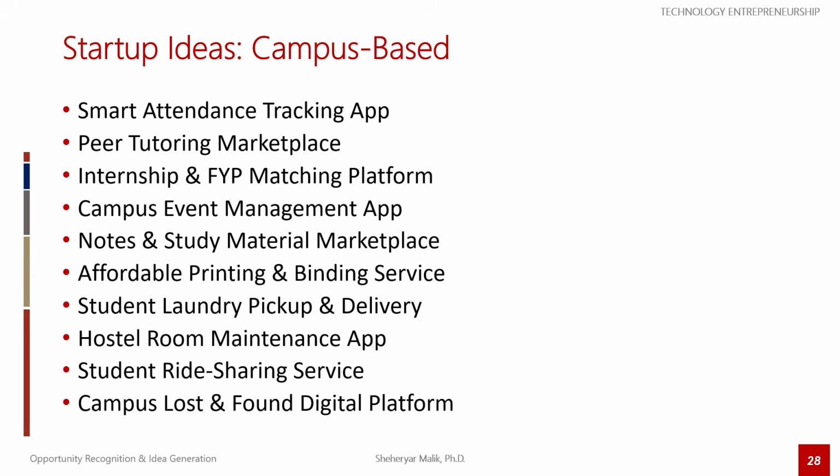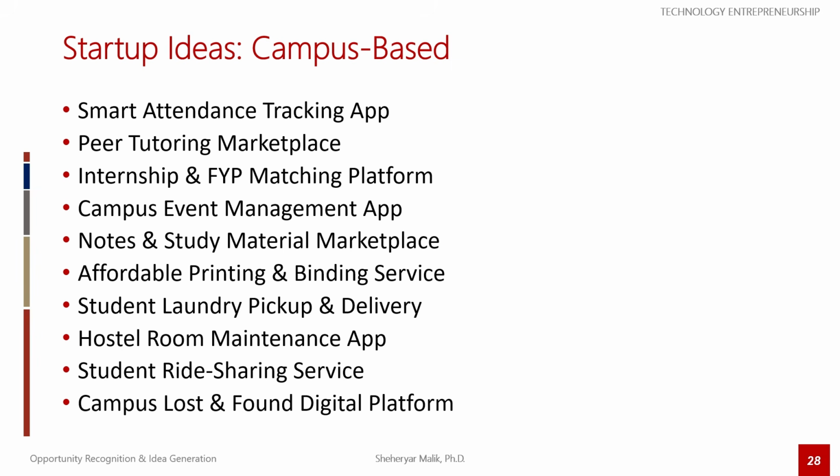Then similarly, you can have affordable printing and binding services as well, because students come up with a lot of submissions which require these services. Then student laundry pickup and delivery service. Similarly, you can have a hostel room maintenance app where students can request maintenance services for their room.